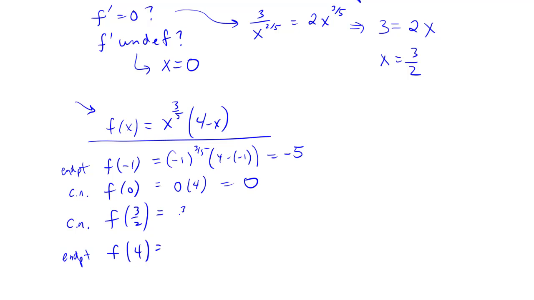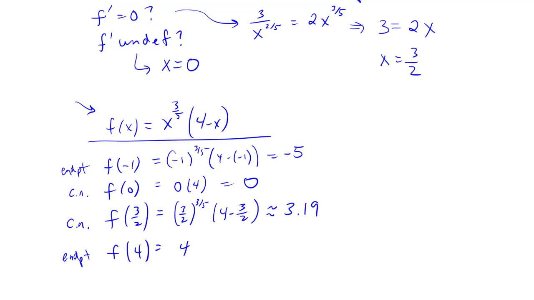This one is not going to be a nice number. We would need to use some type of calculator to get this, because 3/2 to the 3/5 is not going to come out nicely. But if you use some sort of calculator, you find that this is approximately 3.19.